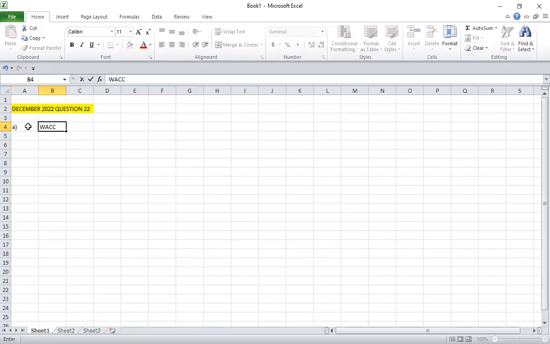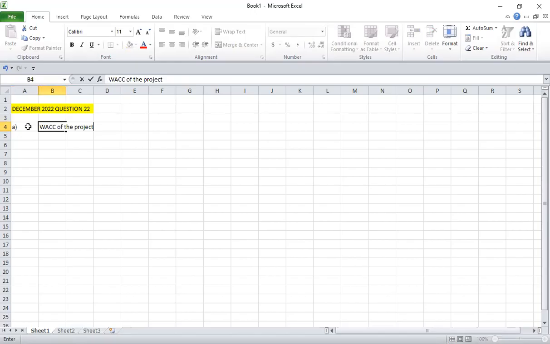Let's start with part A, where we are computing the WACC, the weighted average cost of capital of the project, so specifically of the project. How do we compute this?